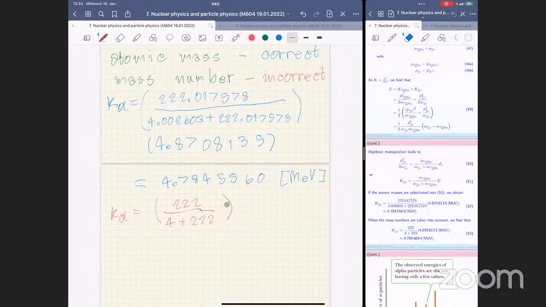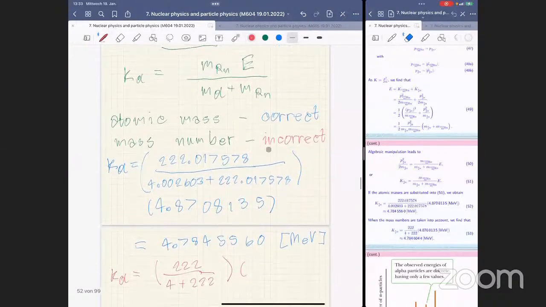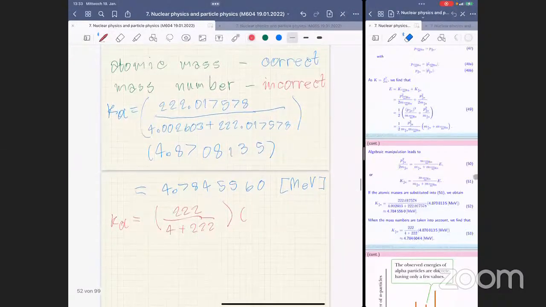And the next one is we have to leave the value of the energy here, which is the release energy, the same way, which is 4.87.08135 mega electron volt, right?